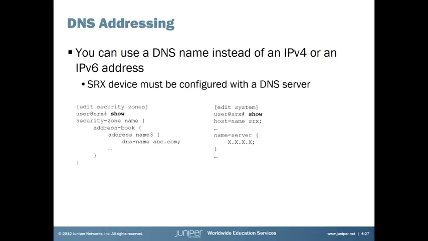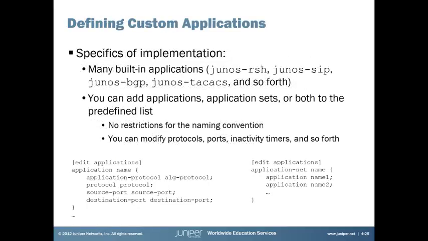You're not going to set up your gateway and not tell it where to find the DNS server, so that should already be set up. It's a great solution for situations where the address changes. So there we go, use a DNS name.